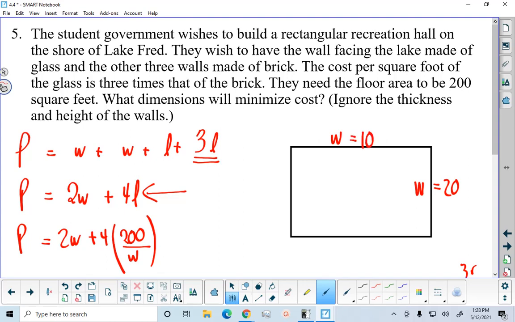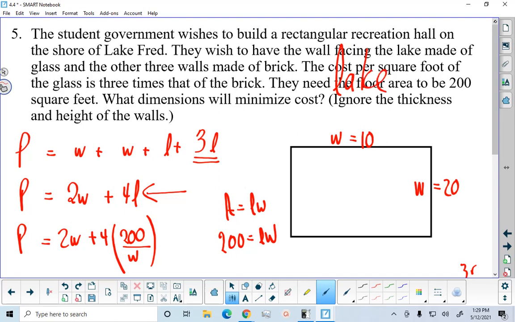Why do I know it's 20 by 10? Because the area has to be 200 square feet. So area equals length times width. That means 200 has to equal length times width. So I don't know if you recall, but at the beginning I said, I don't know if I'm drawing this right. I said the lake is over here. And I really couldn't remember.